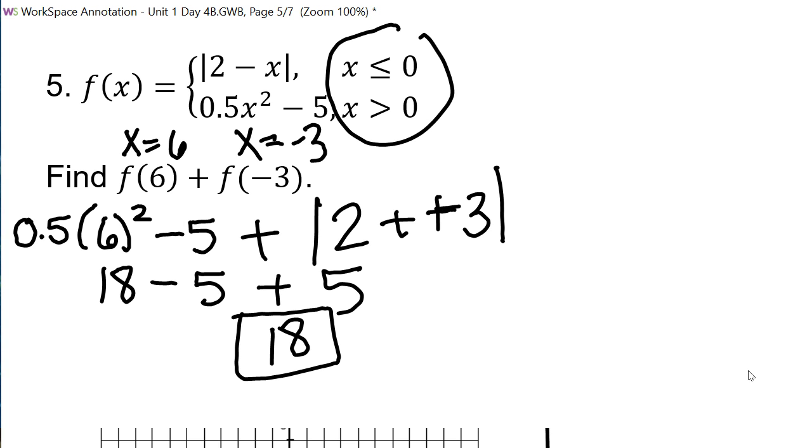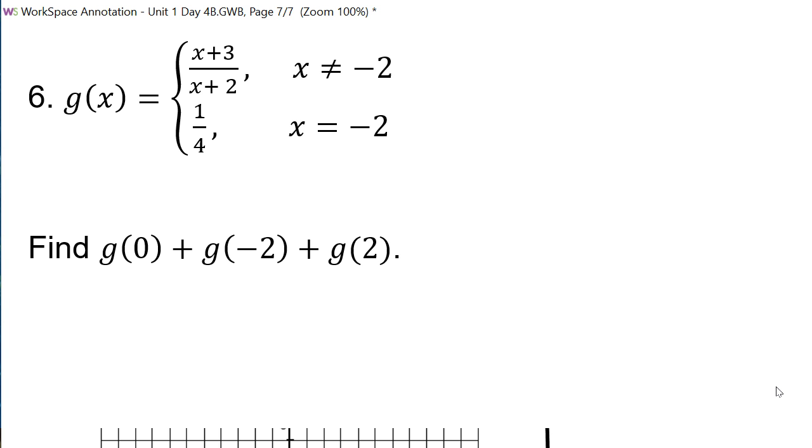Last one, number 6. Same thing, but now we have 3 of them. So the first one is g of 0. This is normally g of x. So if x is equal to 0, I have to decide, does 0 equal negative 2 or is 0 not equal to negative 2? Not equal to, so I have to use the top one.